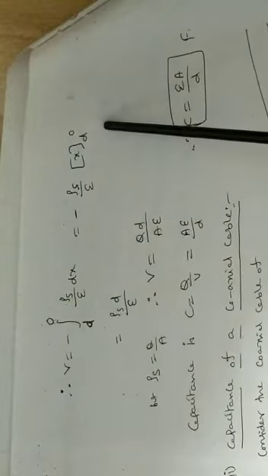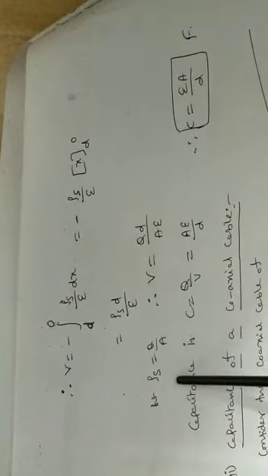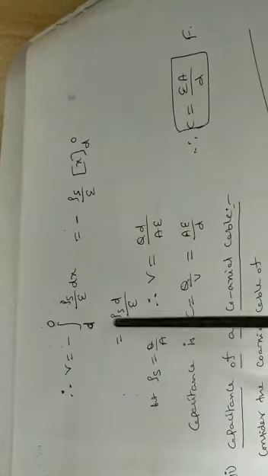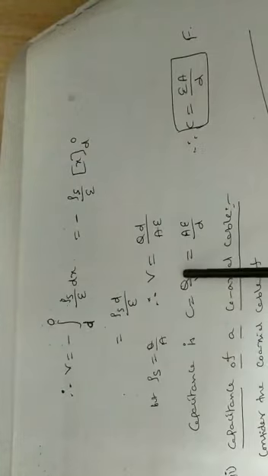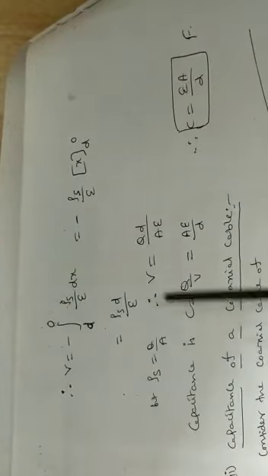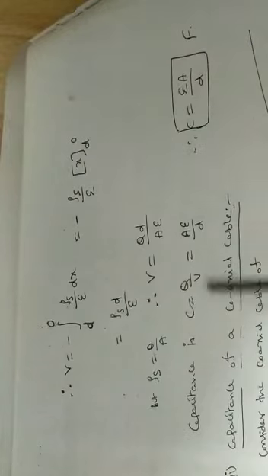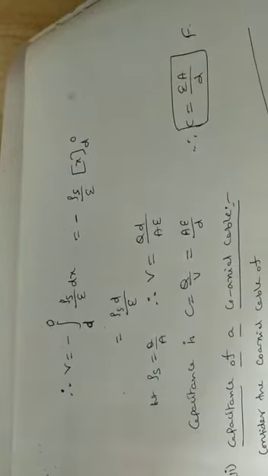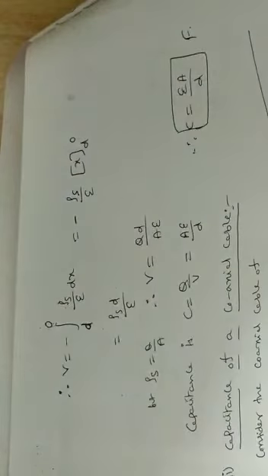Finally you will get V is equal to rho s d divided by epsilon. We know rho s is equal to Q by A. Substitute here, then the potential difference is Q d divided by A epsilon. The capacitance is defined as C is equal to Q by V. Substituting V, finally we get capacitance C is equal to epsilon A by d farads. It is the standard equation of a parallel plate capacitor that you have studied: C is equal to epsilon A by d.